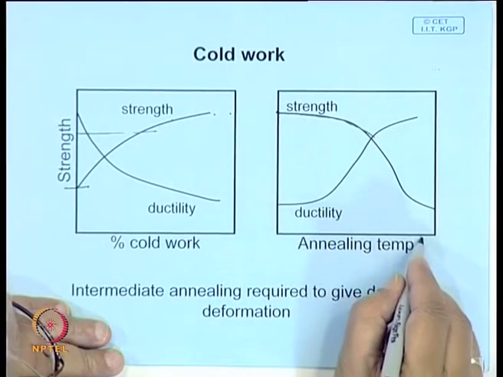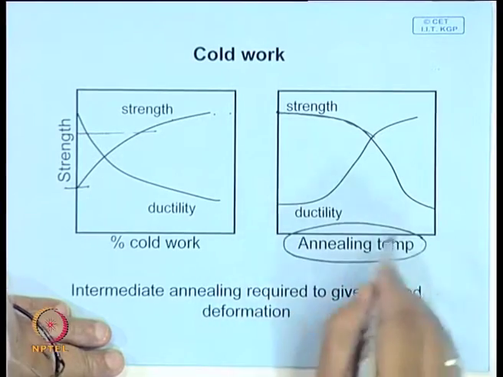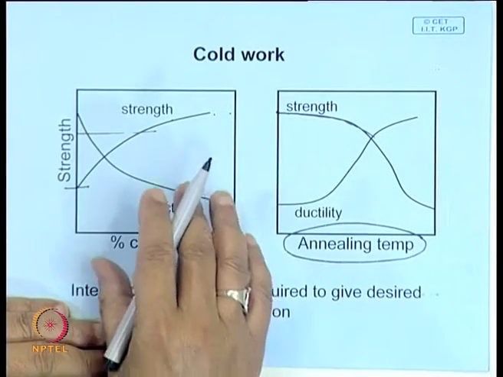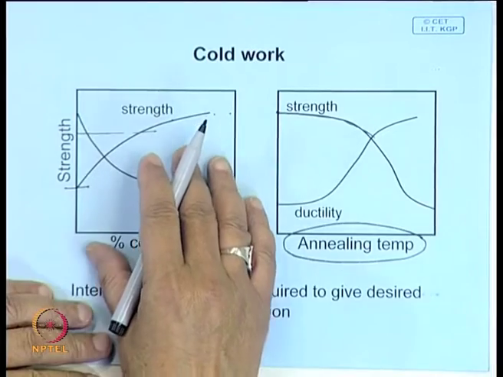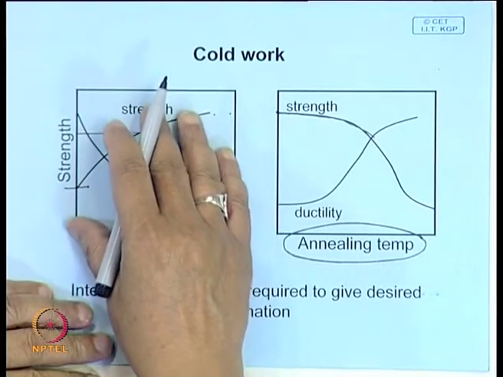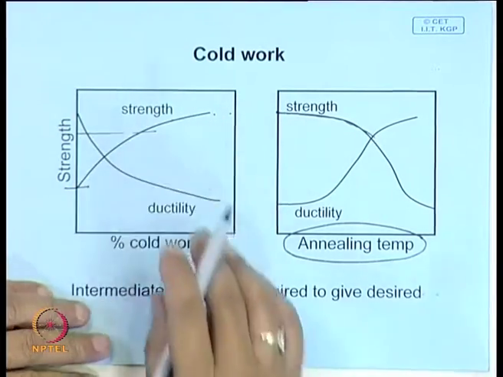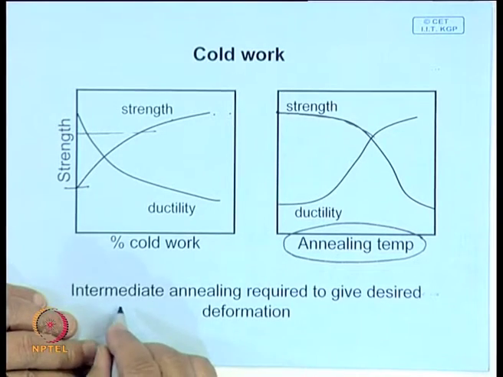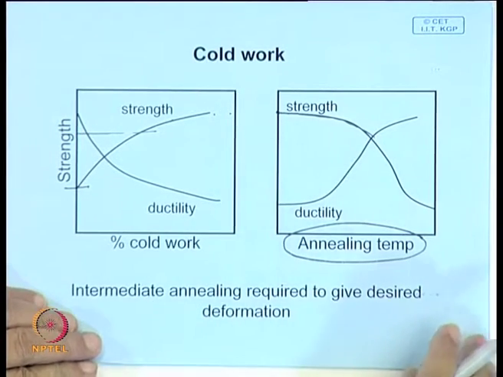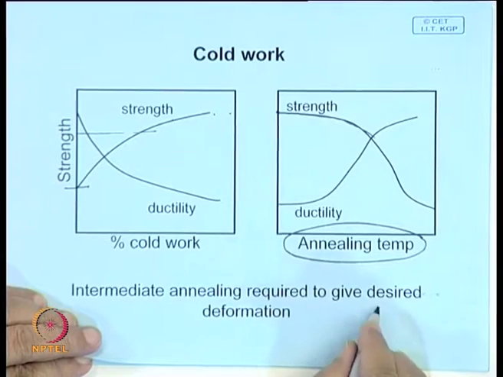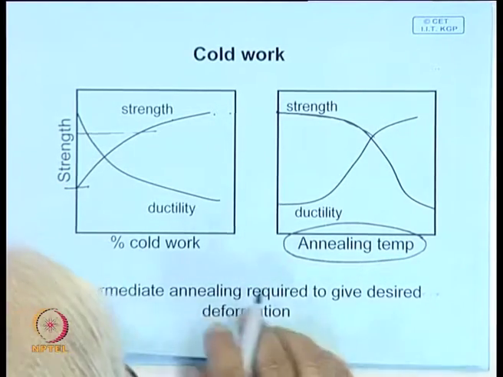So, annealing is a heat treatment process which restores the microstructure, or restores the ductility and strength, of a cold worked structure, and intermediate annealing is required to give the desired deformation to any workpiece.